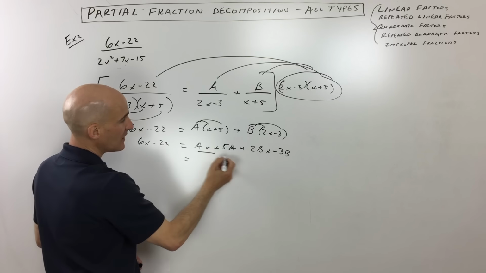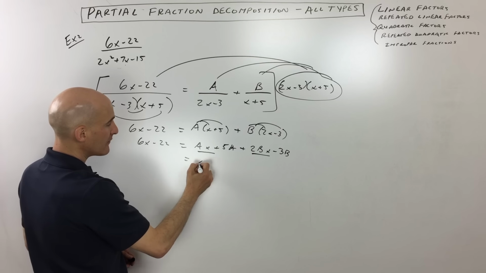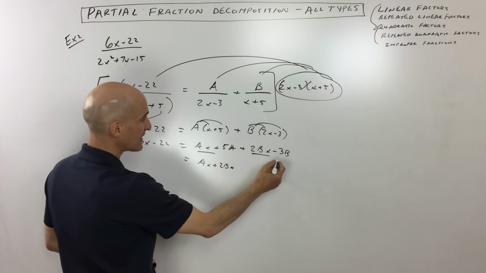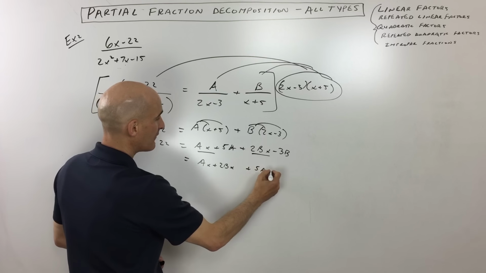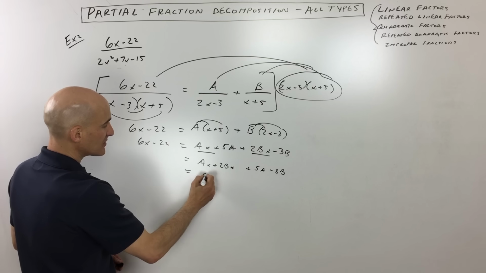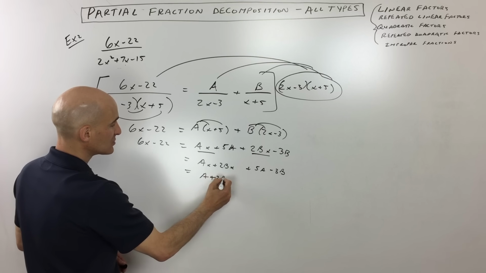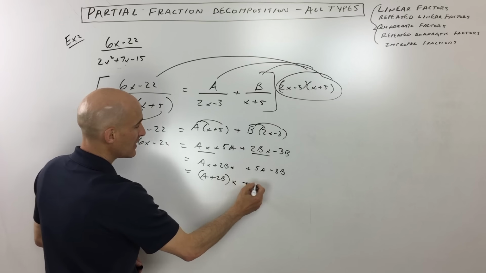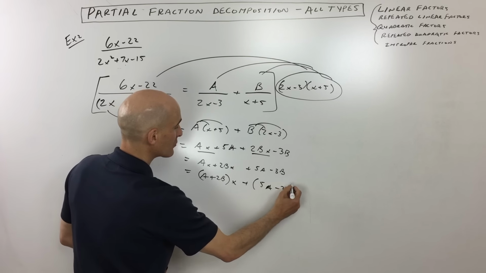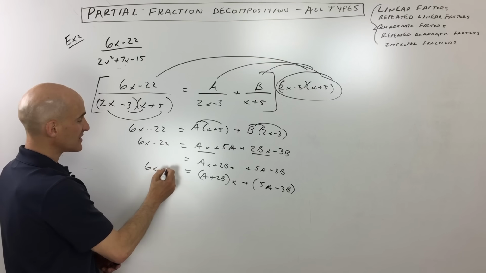Now if we collect the x terms, what you have is ax plus 2bx. If you collect the constant terms, that's 5a minus 3b. I'm going to factor out the x here, so that gives us a plus 2b times x, and this gives us 5a minus 3b, and this equals 6x minus 22.